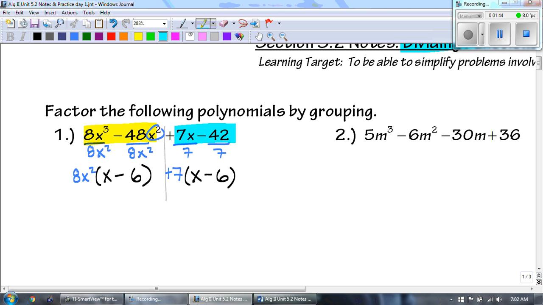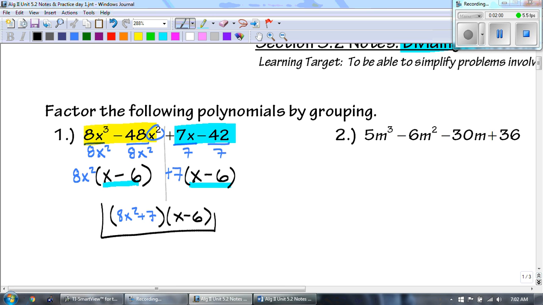And if you look at it, those match, which is what we wanted. We bring what we took out, the GCFs, the 8x squared plus 7 is a binomial, and the x minus 6 is our other binomial. So we get our final answer of 8x squared plus 7 and x minus 6.